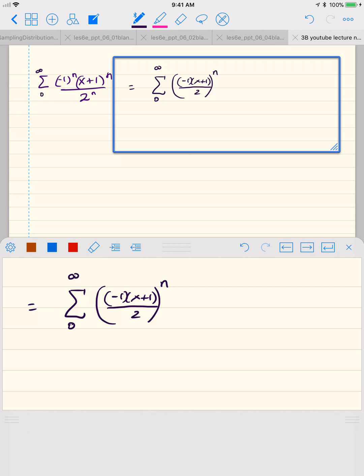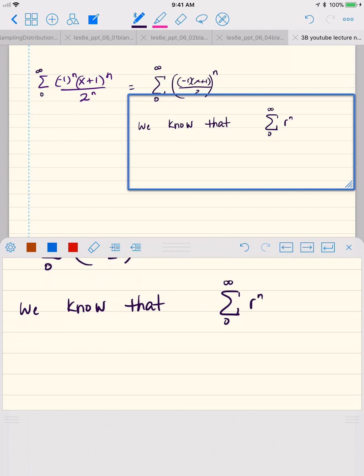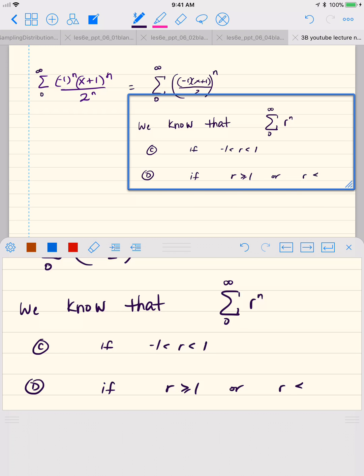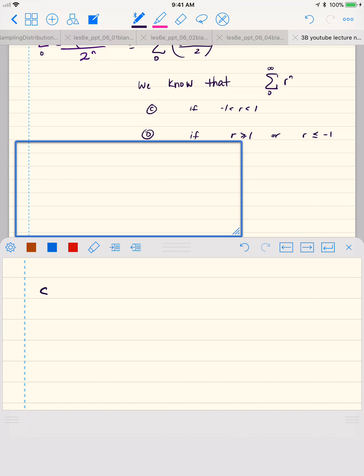And we know that geometric series, if you have r to the n, it converges only if r is in between 1 and -1, and it diverges if r is bigger than or equal to 1, or r is less than or equal to -1, right? So we could say that our series, and what do we have?